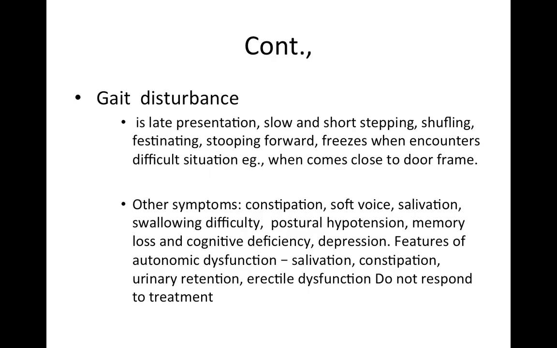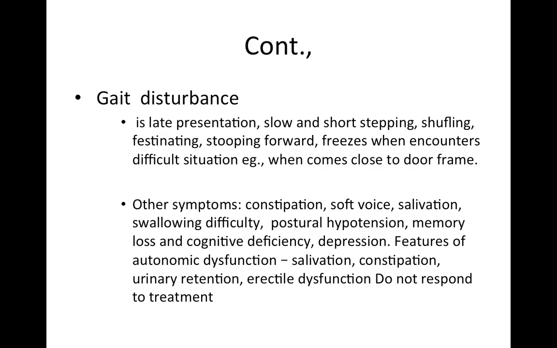Then other symptoms being constipation, soft voice, salivation, swallowing difficulty, at times he chokes, postural hypotension. When he gets up from the lying down posture, he feels giddy. There is progressive memory loss and cognitive deficiency.